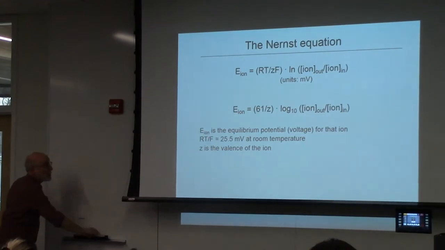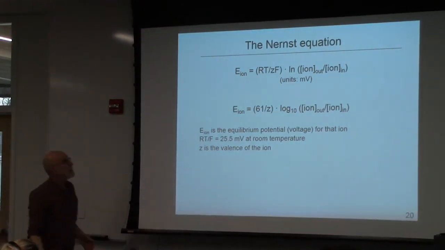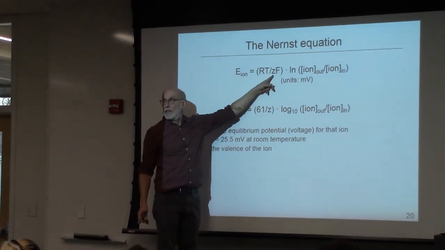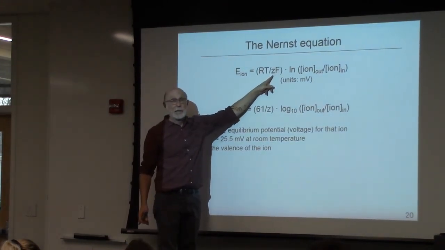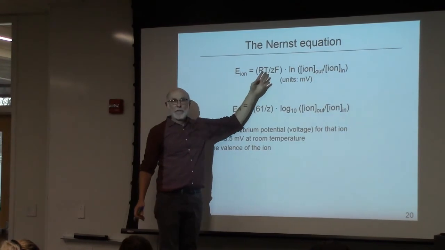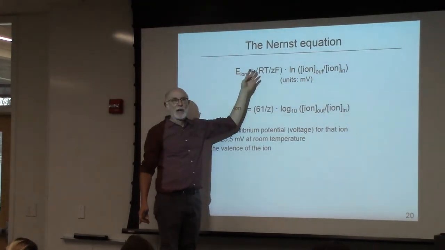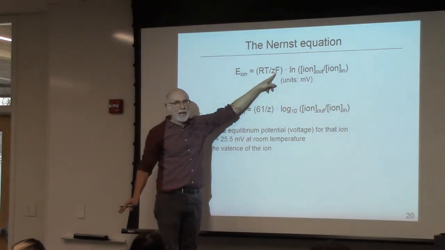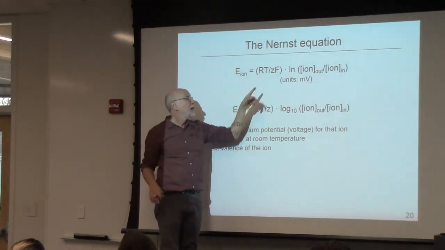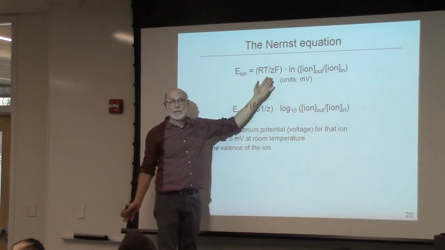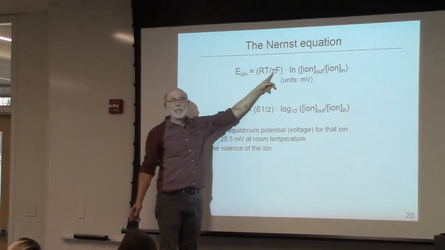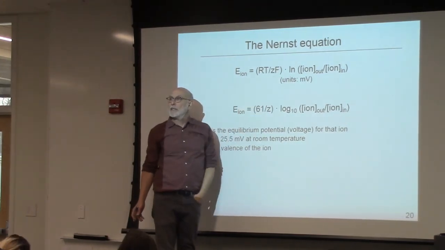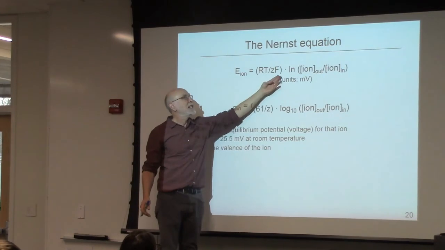The Nernst equation, so here it is. Some constants, there's our friend Z, the charge of the ion. So RT over F, those of you who've taken econal might know that RT over F is a constant. Gas constant, absolute temperature, the Faraday has to do with charge. Let's not worry about that. RT over F is a constant at a given temperature. Z is the charge of the ion. Those of you who've done calculus know that if you solve a dC over C equation, you usually end up with a logarithm.